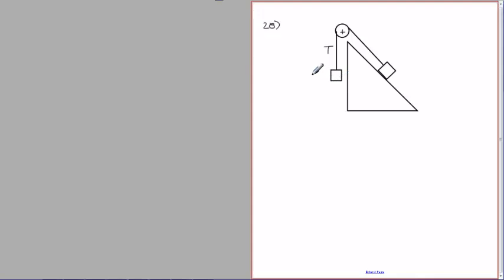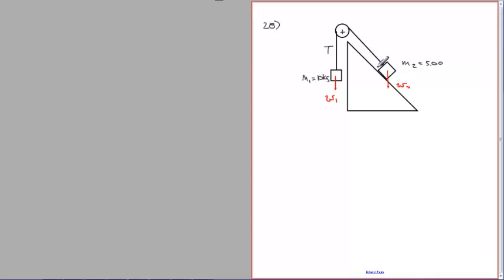This is going to have a mass, we'll call this M1, 10 kilograms, and this will have a mass M2 equal to 5 kilograms. And these will both have an associated weight with them. This will have a weight W1, and this will have a weight W2, in the downward direction. So this is weight 1, and this will be weight 2.